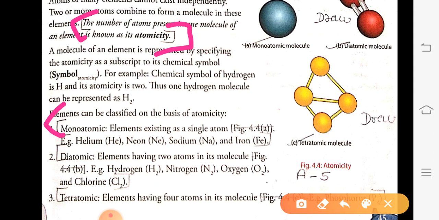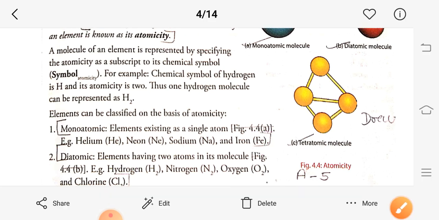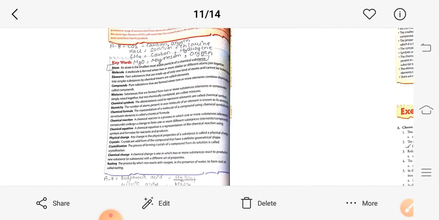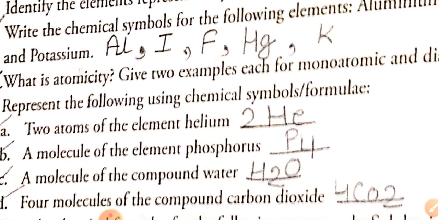So here it is given, monoatomic element existing as a single atom, example helium, neon, sodium, and iron. Diatomic, elements having two in its molecule, hydrogen, nitrogen, oxygen. Tetraatomic, elements having four elements in its compound, example phosphorus. This was your answer number 5th. Now 6th.